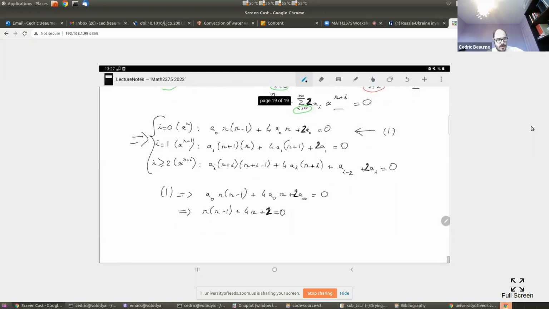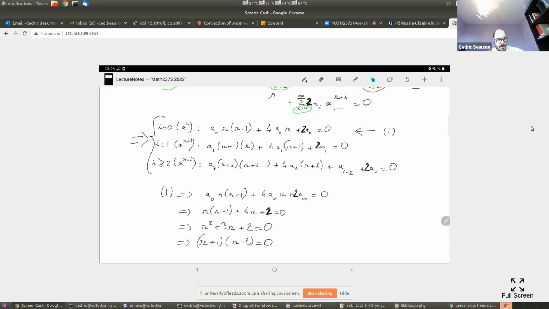So if I continue this calculation, I can develop this and get that it's r squared plus 3r plus 2. And there I immediately see a root of this, which is -1. So it's going to be r plus 1 times something, and that something has got to be r plus 2.